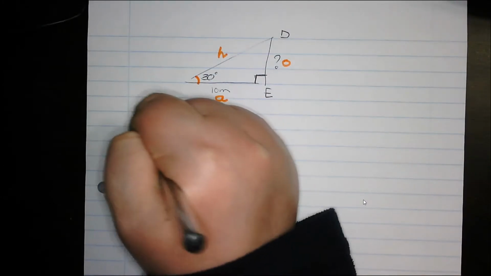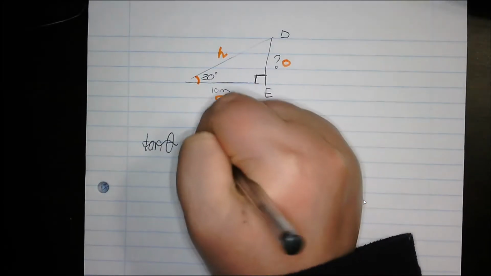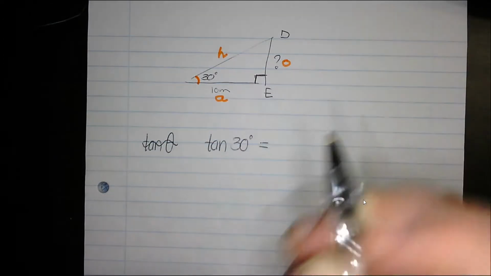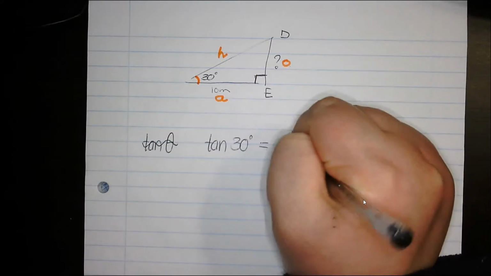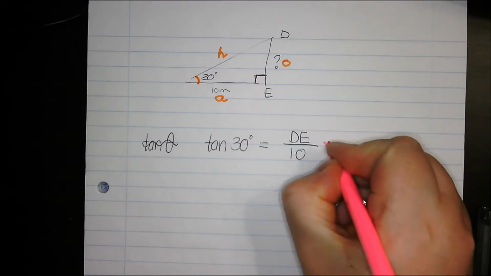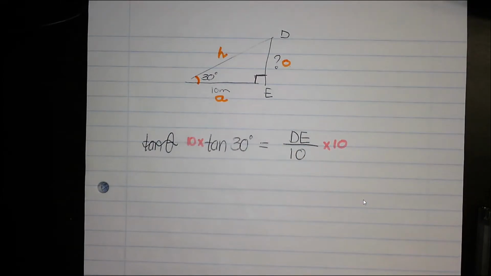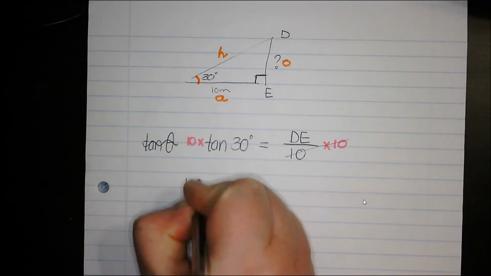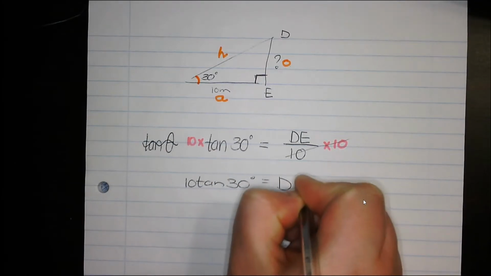Tan of theta, or rather, tan of 30 degrees is equal to opposite, which is DE, over adjacent, which is 10. We're going to multiply with 10 on both sides to get rid of the denominator 10 because we want DE alone. So these are going to cancel out. That's going to give me 10 tan of 30 degrees equal to DE.